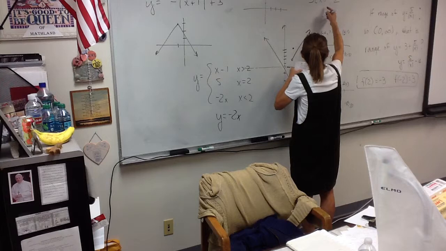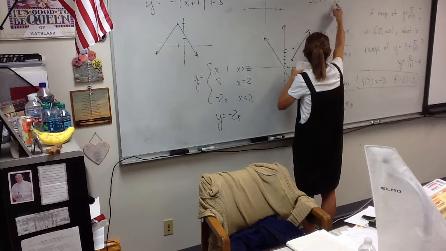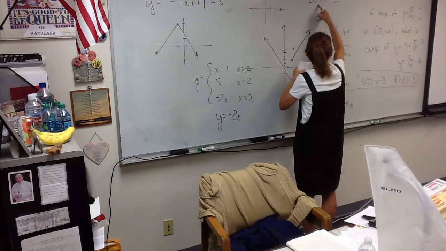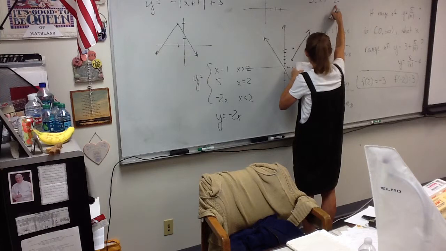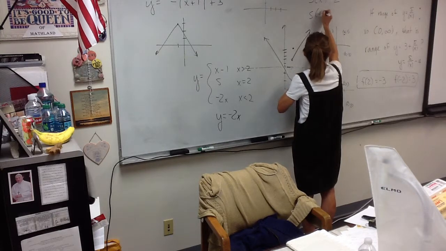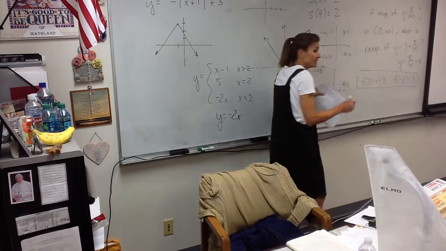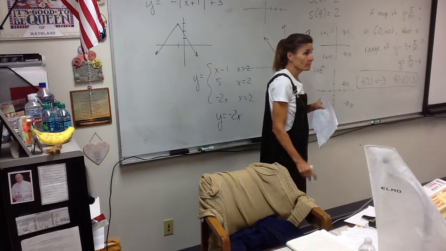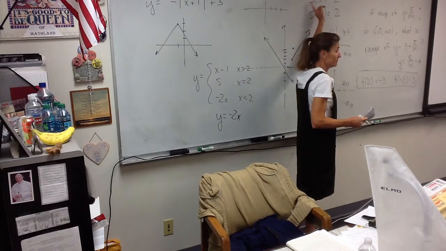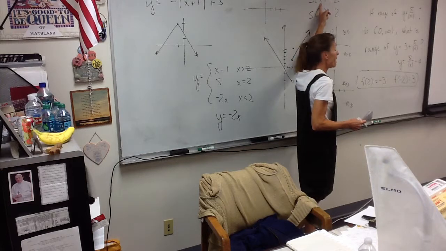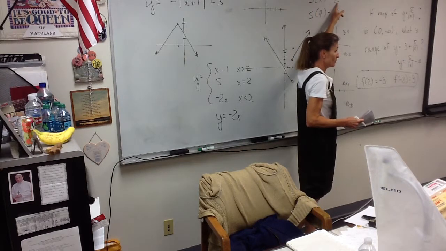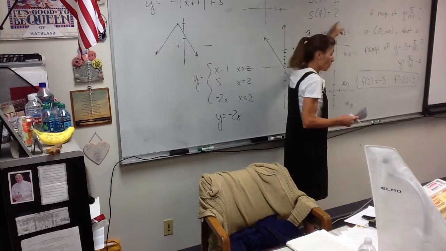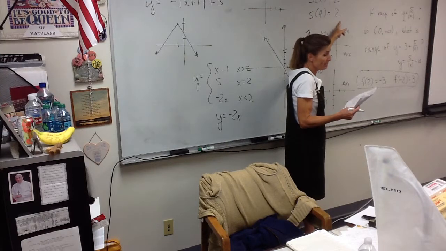This means that no matter what I plug in, what am I going to get out of this function? No matter what you plug in, you're always going to get out a 2. So I'm going to plug in 4, I'm going to get 2. This is a constant function. No matter what you put in, the answer is 2. So I plugged in 4, which is what I'm supposed to plug in, I got 2.